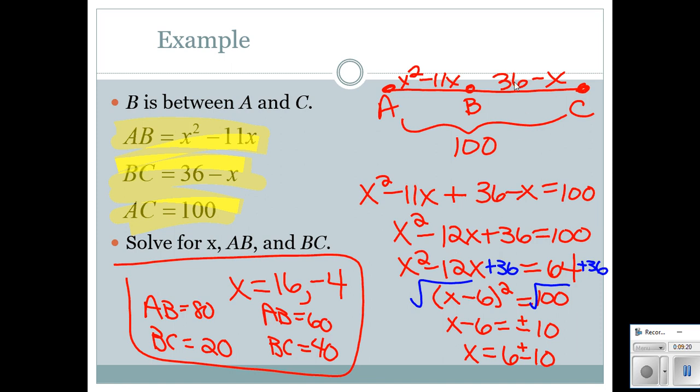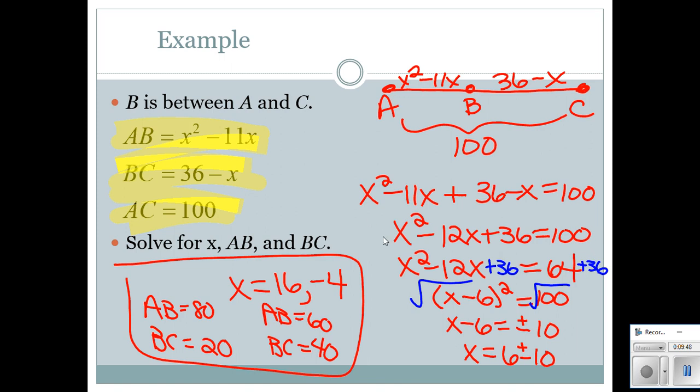And then you have positive 36, bring that down. And when you add these two, that equals 100. So let me repeat that. This is combining like terms. X squared, negative 11x plus negative x is negative 12x. Positive 36 equals 100. I got 100 from here because from here to here is 100.